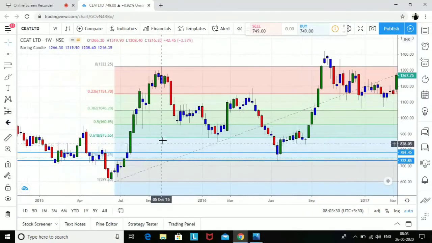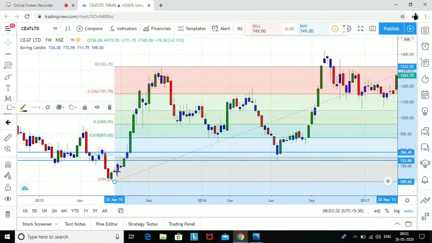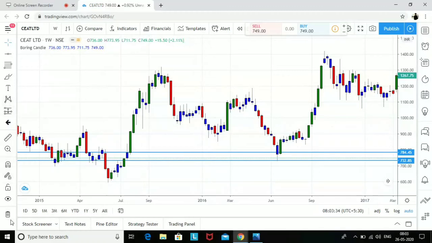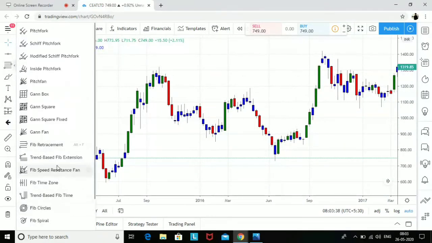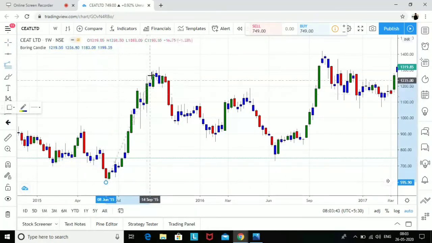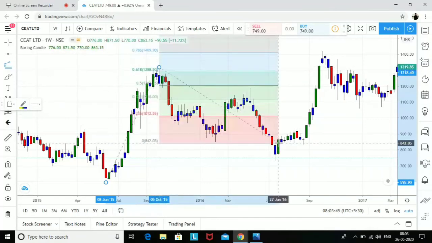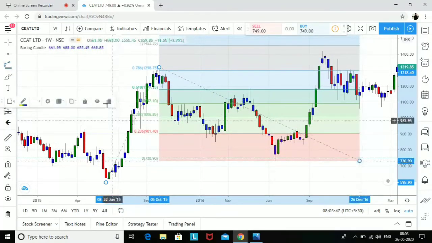Now I need to draw a target on this. Let me get rid of these lines. How we are supposed to draw a target is, I'll take the Fibonacci extension. I'll start from here, go to this A point and then till D, which is 730.